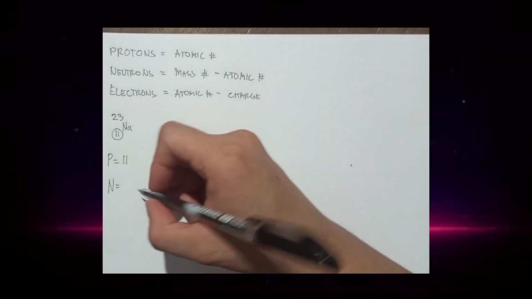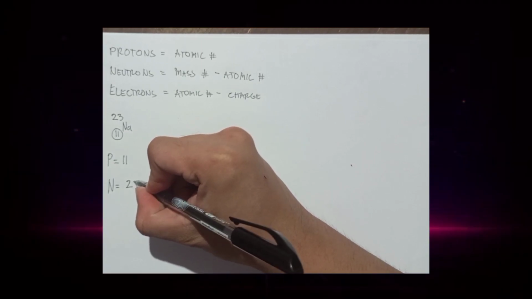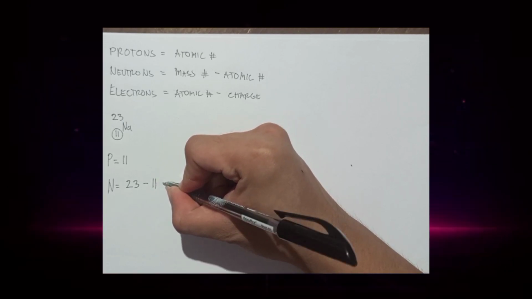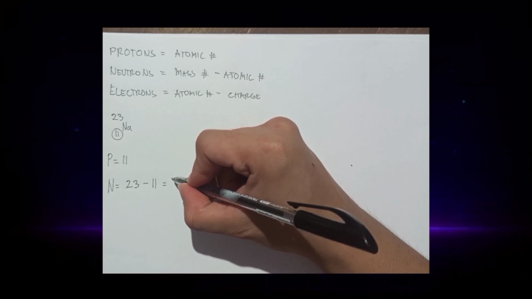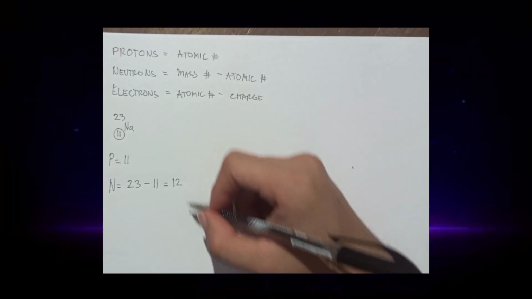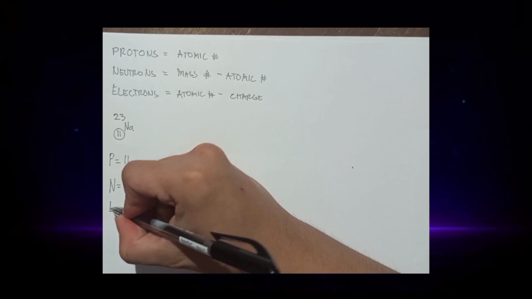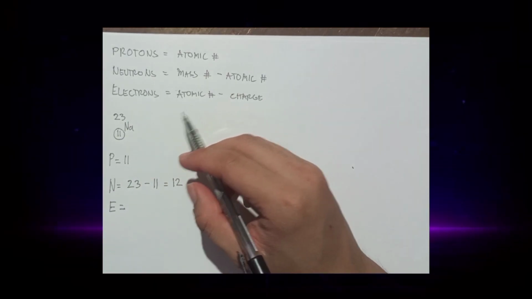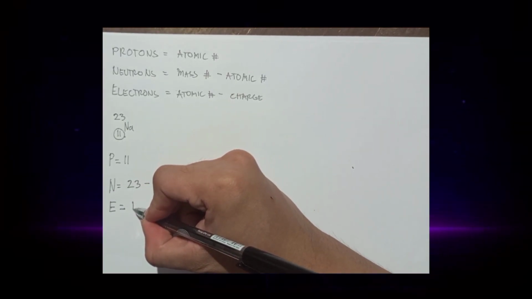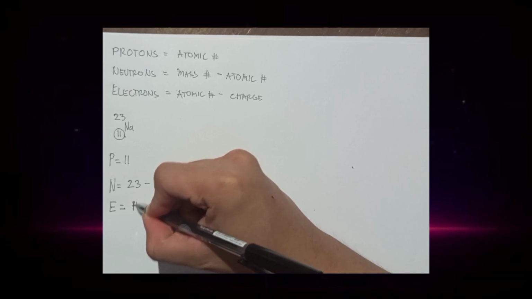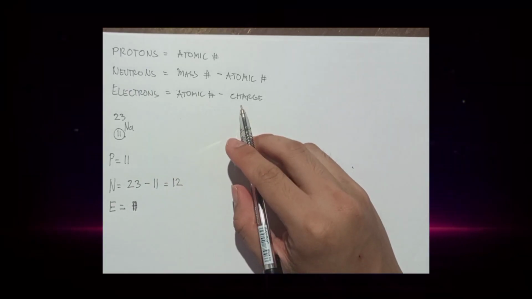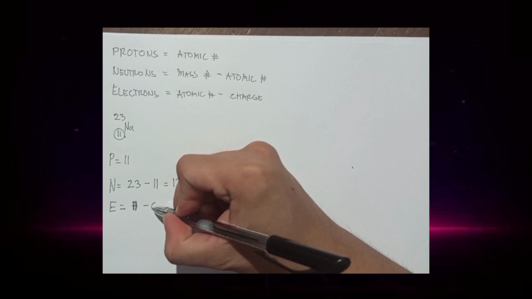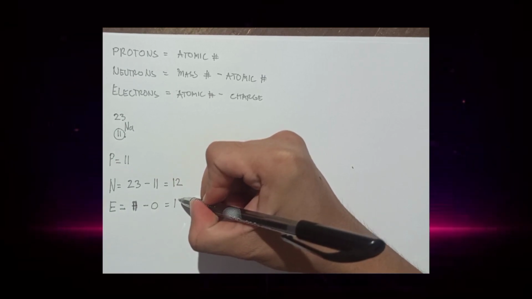So 23 minus 11 is equal to 12. Now to get the electrons, we will use this formula: atomic number minus charge. So 11 is our atomic number, and in this situation there is no charge, so we're going to put 0 here. So the answer is 11.